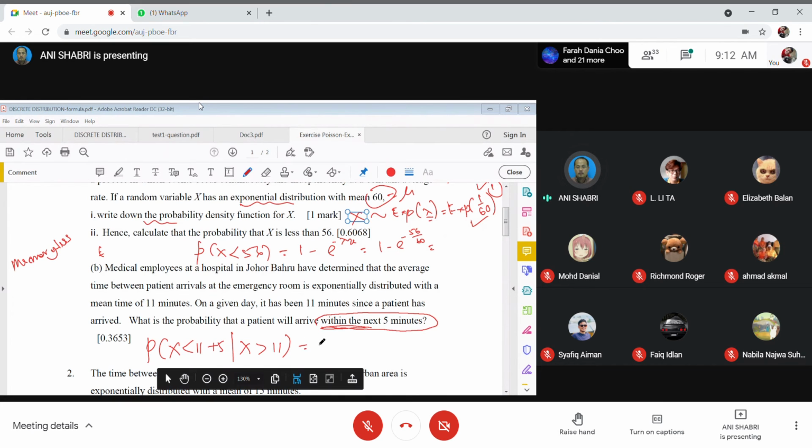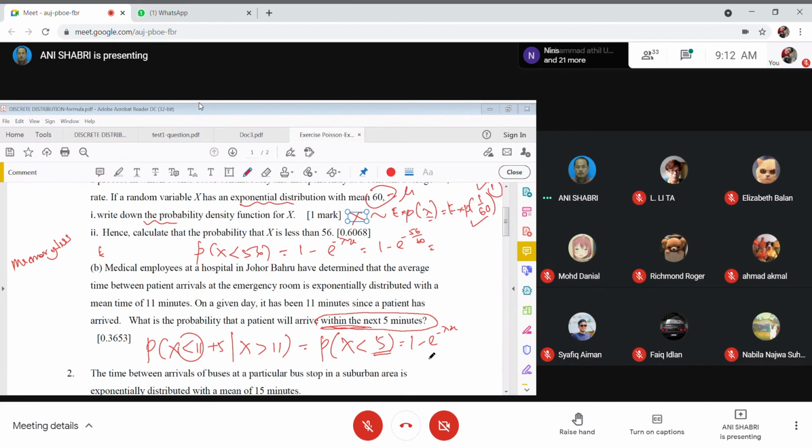When you see the formula, this one is less than, so the value here is 5. It is equal to 1 minus e to the negative lambda x. What is the value of lambda?